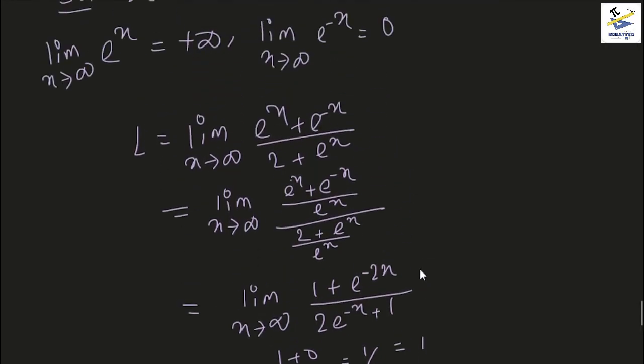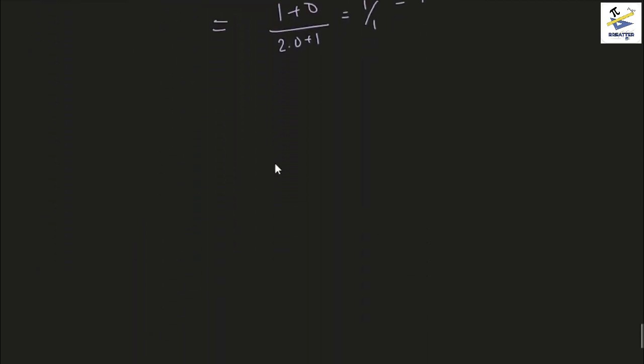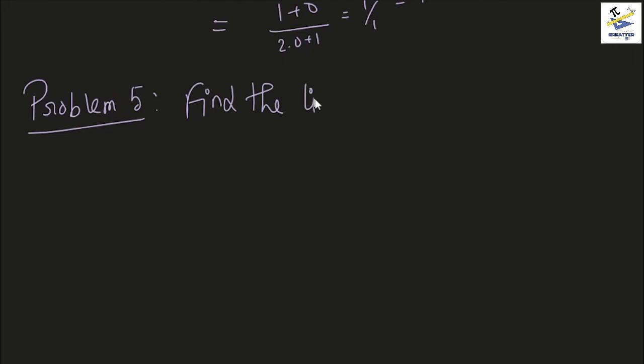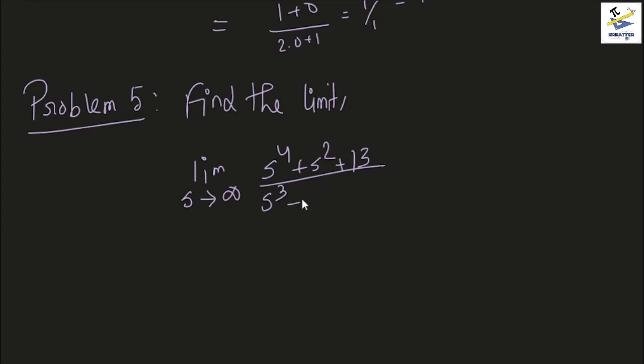So let us do another problem of the same kind. Problem 5. Find the limit as s tends to infinity of (s to the power 4 plus s square plus 13) divided by (s cube plus 8s plus 9), right?